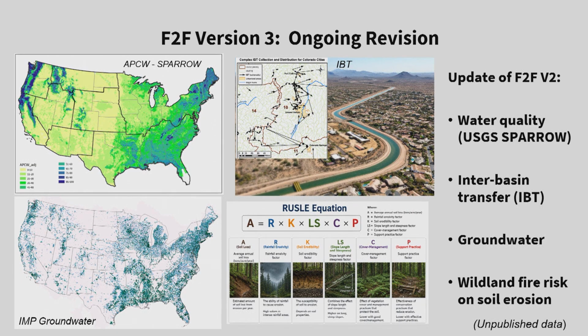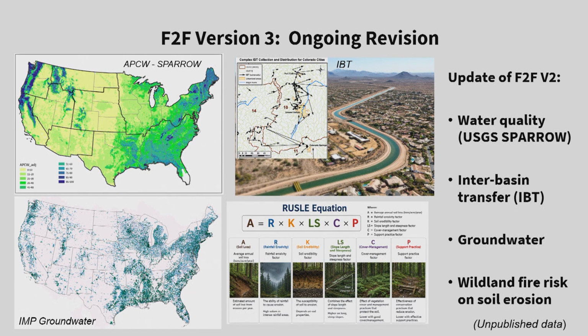Also, we are updating the interbasin transfer, which was not in the original forest facet, so that we can provide the value for certain watersheds. They can benefit downstream across the watershed, called interbasin transfer. There is also fire.